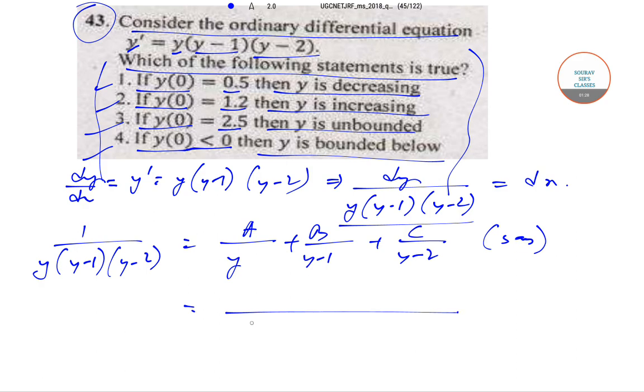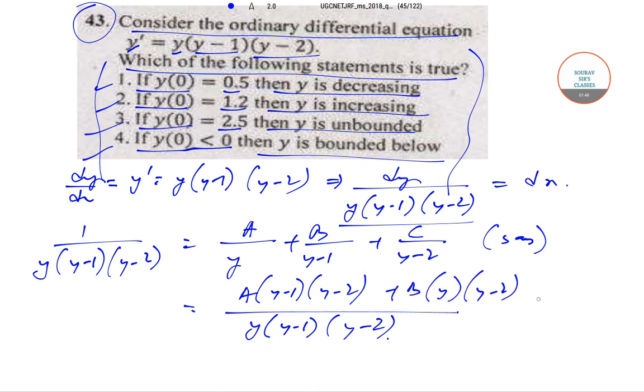So this will be equal to y into y minus 1 into y minus 2, which equals a into y minus 1 into y minus 2 plus b into y into y minus 2 plus c into y into y minus 1.